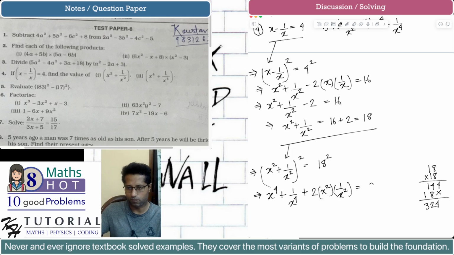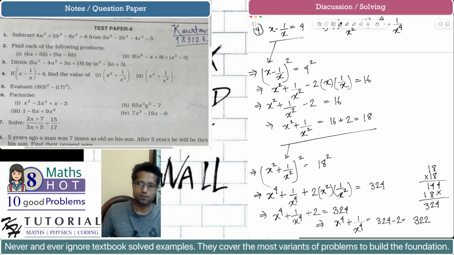So this is 324. Okay, so this implies x to the power 4 plus 1 by x to the power 4 plus 2 is equal to 324. This implies x to the power 4 plus 1 by x to the power 4 is equal to 324 minus 2, which is equal to 322.